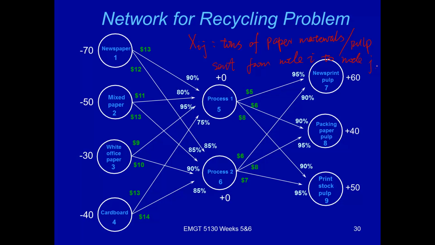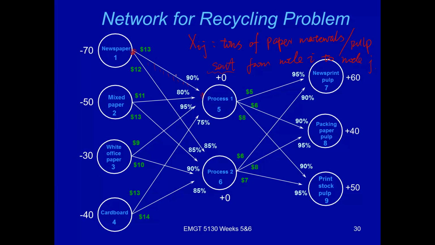We're not going to say "transport," because we know that some loss happens along the way, and our xij only represents the starting volume. So when xij gets to this point, it will just be 0.9 times xij, because that's the actual volume that you can get out of this first step.